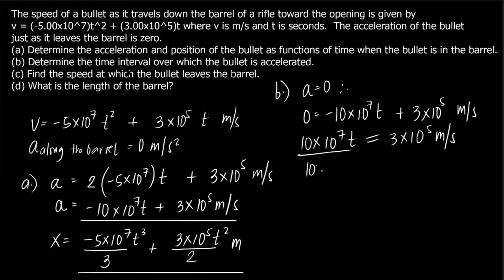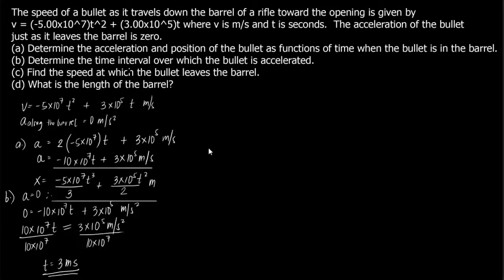Divide by 10 times 10 raised to 7. And now our time is 3 milliseconds. So for letter B, the answer is 3 milliseconds. Please check it on your calculators.